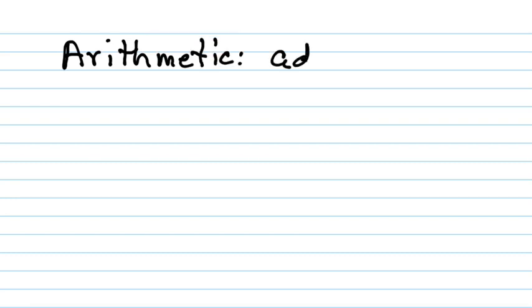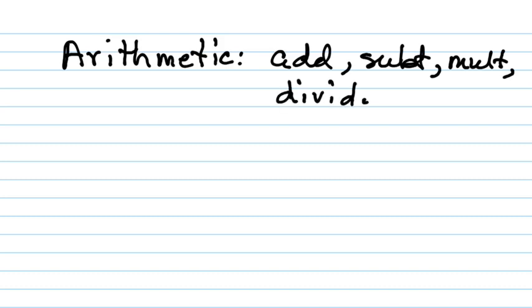Let's clear those strokes. All right, so let's introduce it. The only difference between arithmetic, which is what we've been doing, and algebra: in arithmetic, you can add, subtract, multiply, and divide with numbers. 7, 9, 12, any number.